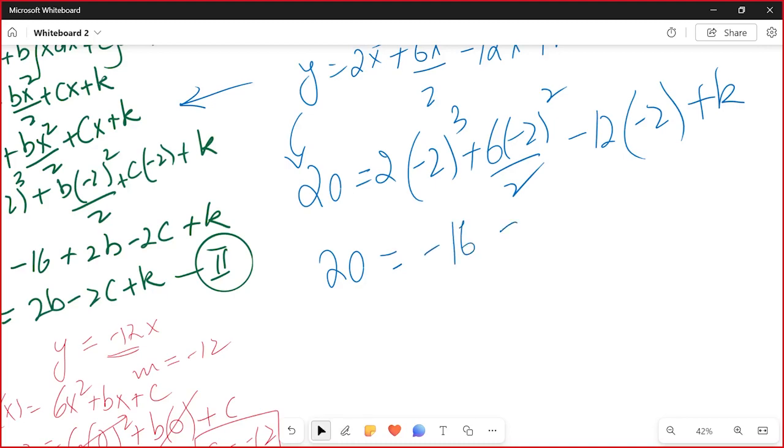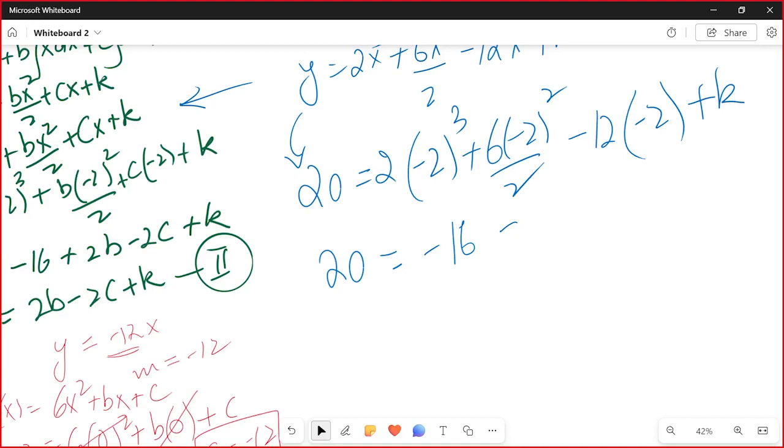Wait. I don't understand how we know we're meant to use the 20 equals equation. That's what I get confused about. Can you read the question, please, for me? The question: a curve has an equation y is equal to f x, and it has a maximum point at minus 2, 20.